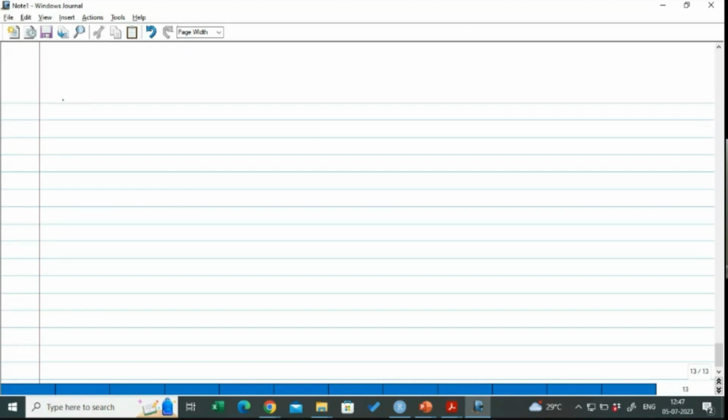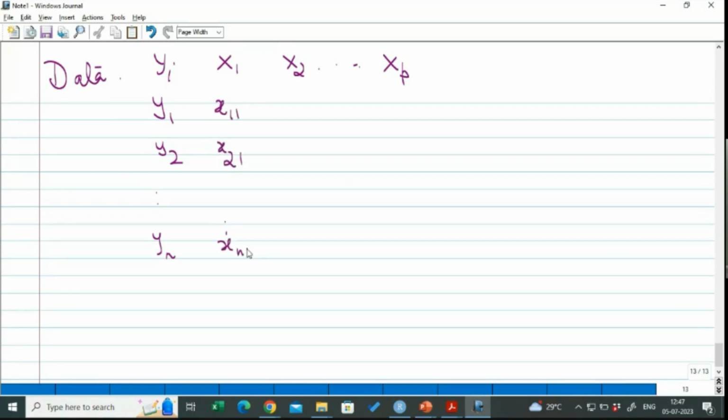In your previous lectures, you have the data in this format: you have a response yi and p many predictors, and you have n observations. So y1, y2, like this up to yn, and you have these values x11, x21, and xn1, like this, right? And up to xnp.